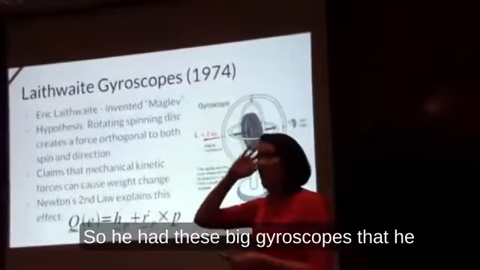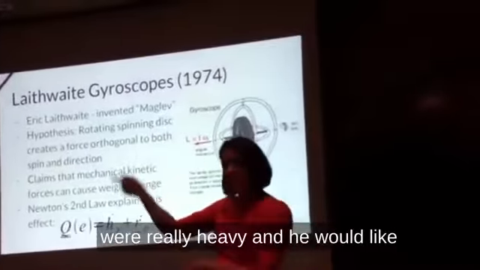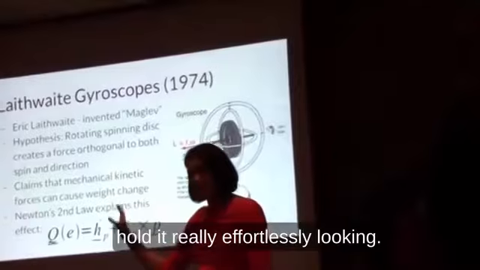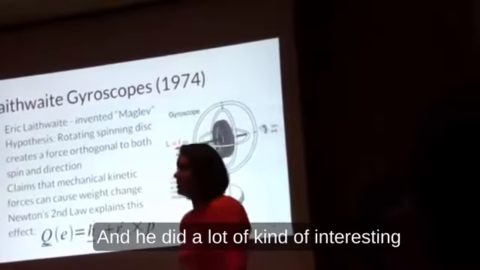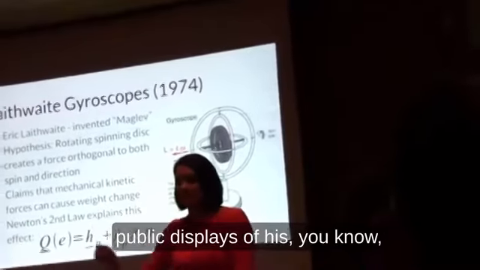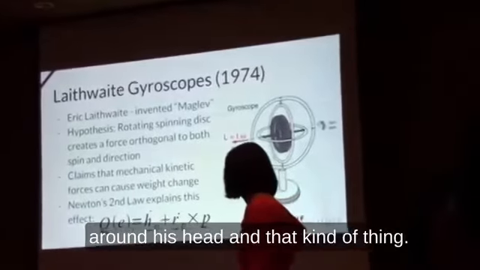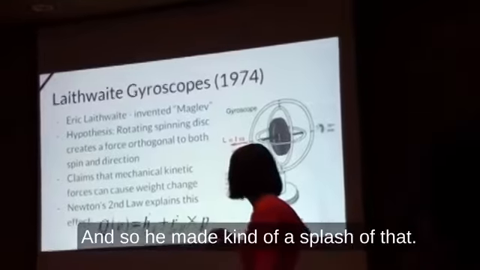He had these big, really heavy gyroscopes that he would hold up over his head, looking effortless. He did a lot of interesting public displays, swinging his heavy gyroscopes around his head, and he made a splash with that.